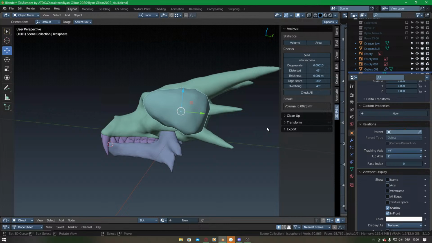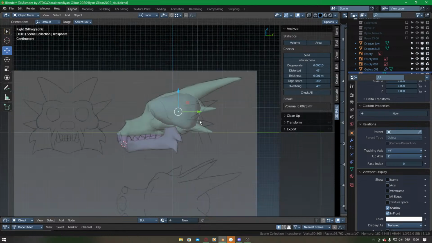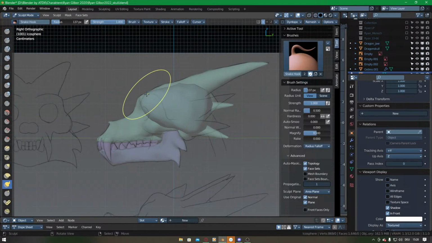So this is 0.0028 cubic meters. And if I only know how many cubic centimeters that is, bro, well, that can only mean 2,800 cubic centimeters, or does it? Ooh, I made a mistake. A little bit lower here.